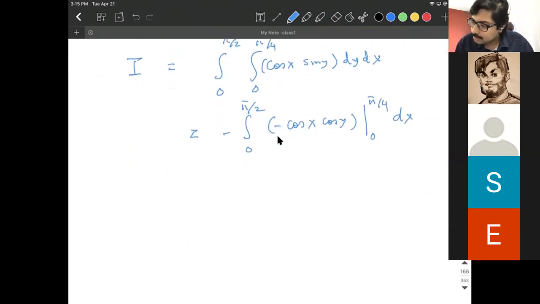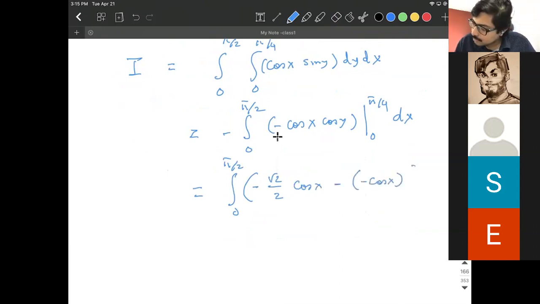Okay, so this is equal to the following. So 0 to pi over 2, minus root 2 over 2 cosine of x minus cosine of x dx, and then evaluating each integral, the final answer is given by 2 minus root 2 over 2.